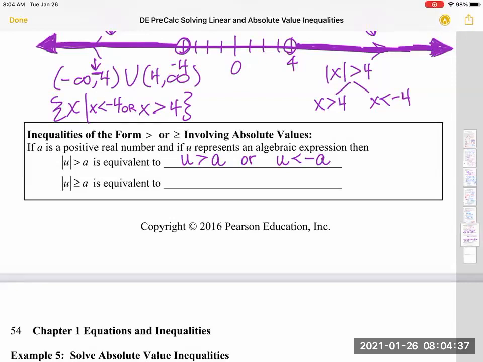No compound inequality for that one because they don't overlap each other, so we have to write the two inequalities separately. And it's the same thing when you have the equal to part: u is greater than or equal to a, or u is less than or equal to negative a.